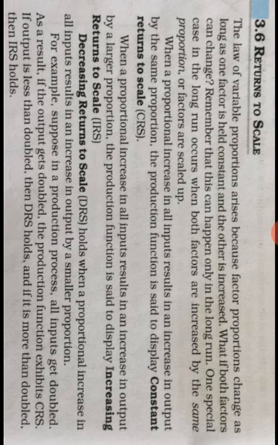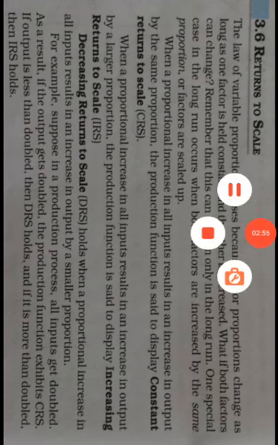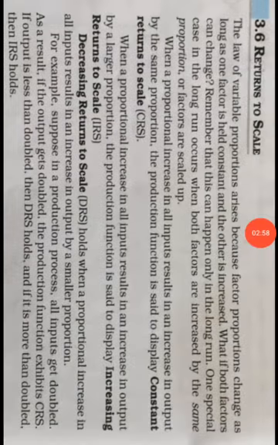If you are increasing input by 10%, there will be an increase of 10% in output. We are talking about constant return to scale. When there is a 10% increase in the input, there will be a 10% increase in the output. So you are getting equal return or equal production.